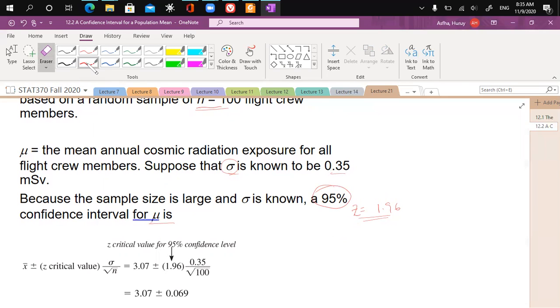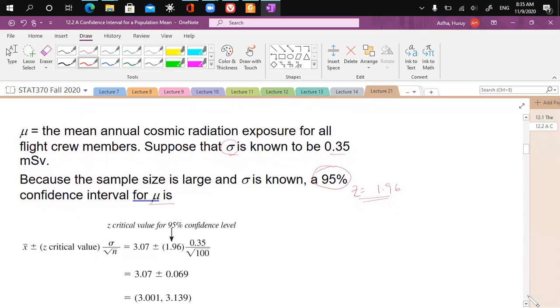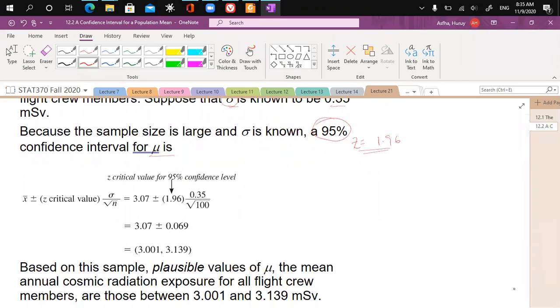It's okay, but here, in order to be more precise, we will use 1.96. All right. So X bar is 3.07 plus or minus. This is the critical value, and this is the standard deviation. The numerator is the standard deviation of the population, and the denominator is square root of n.